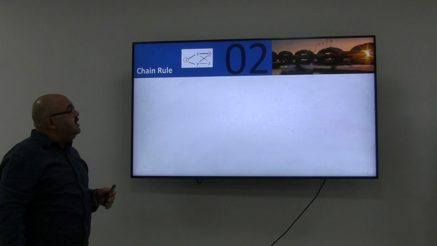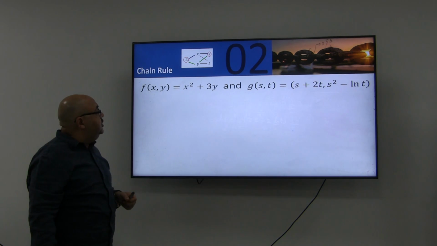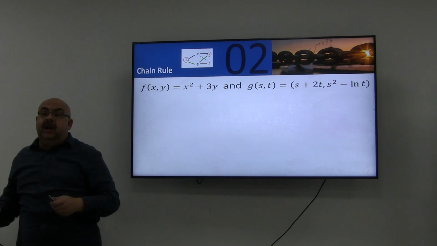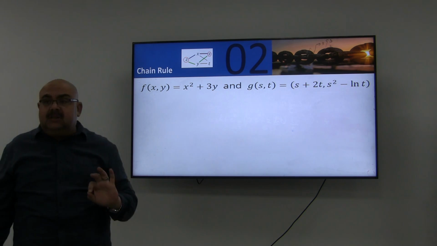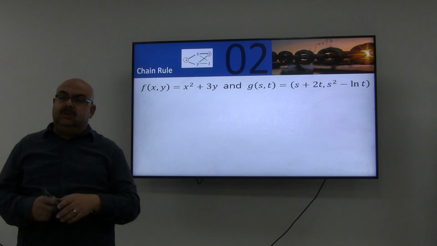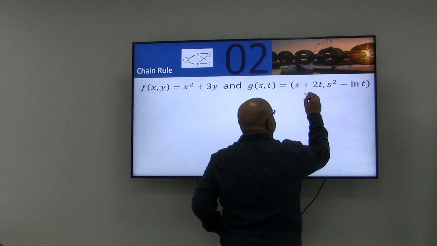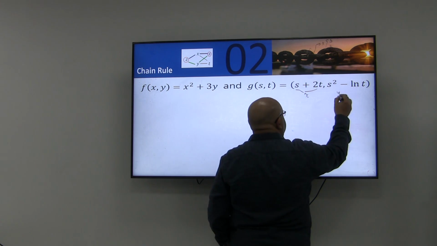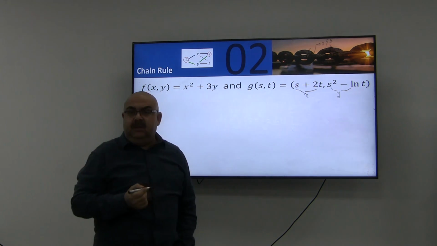Okay, let's see a problem according to this. If I look at this problem, you will have f as a function in how many variables? x and y. And even x is a function in how many variables? More than one variable. So actually, this is x, which is a function in s plus 2t, and this is y, which is a function in s squared minus ln t.